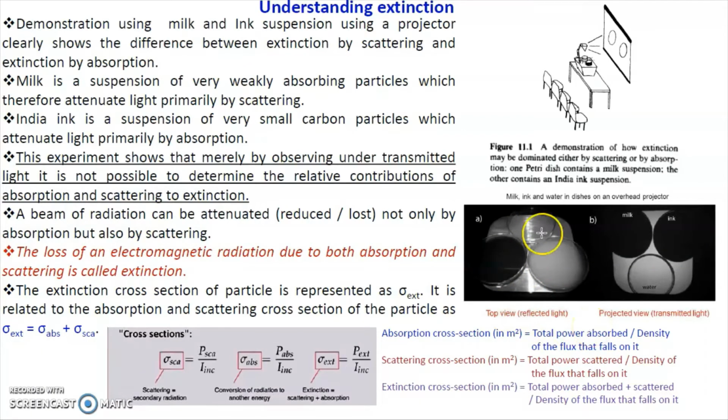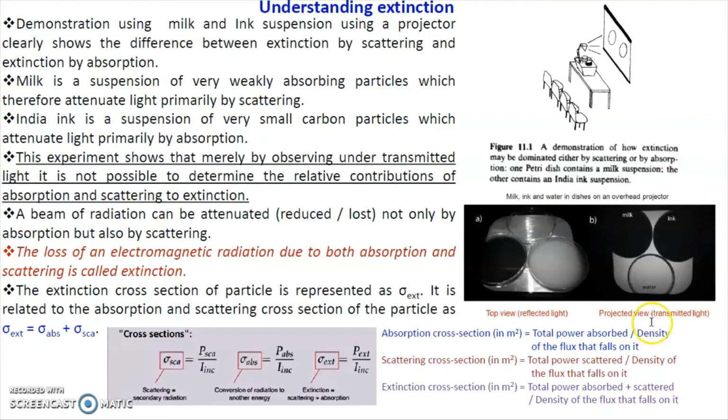For example, if we see water, it is transparent, it is not showing any type of color. The ink you are looking at is black in color, and the milk you can see in white color. Right, you all agree with me, right? You can see this shown in this image.